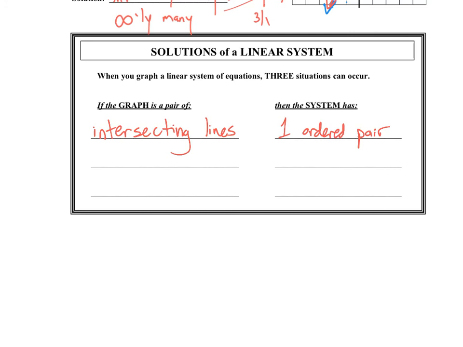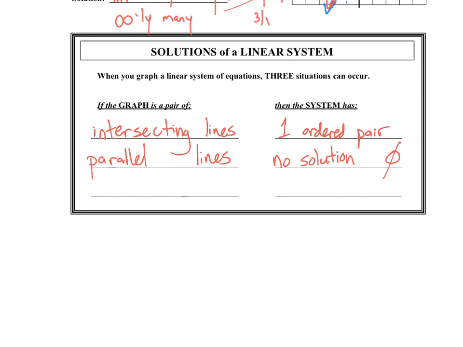So if they intersect once, there's one solution. If the lines are parallel lines, so parallel lines would mean they don't cross. If they don't cross, they don't have a solution. The answer is no solution, which is that symbol.